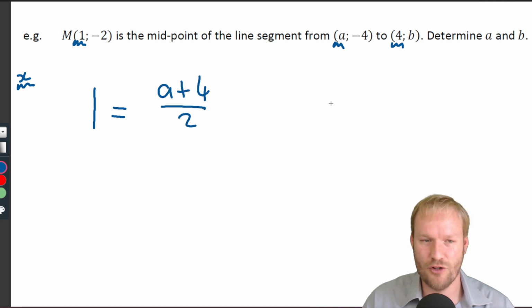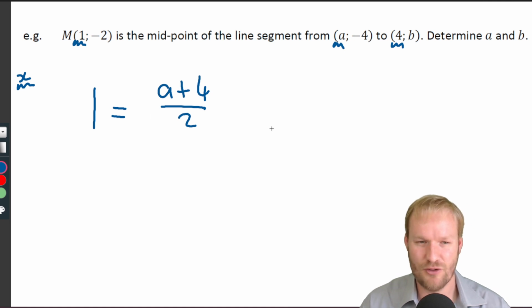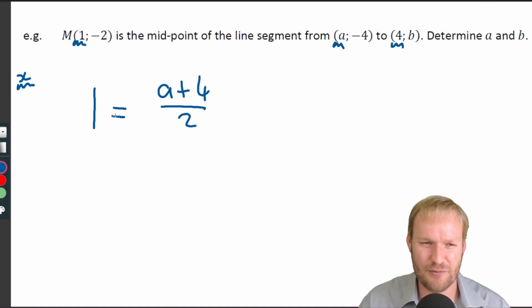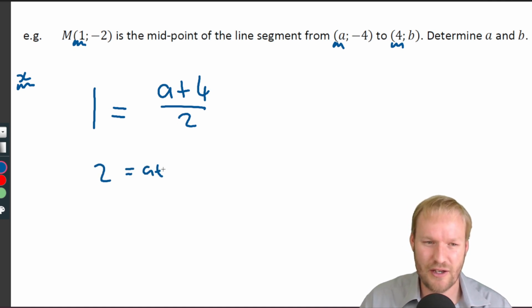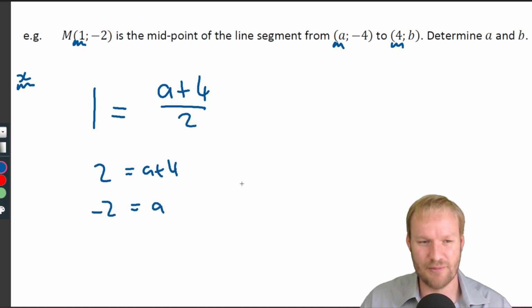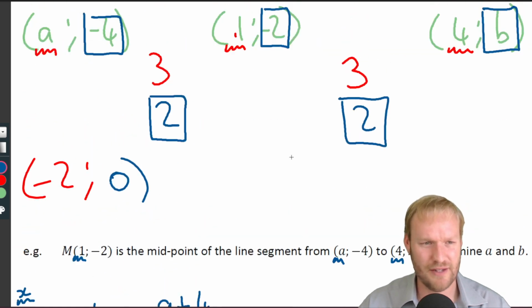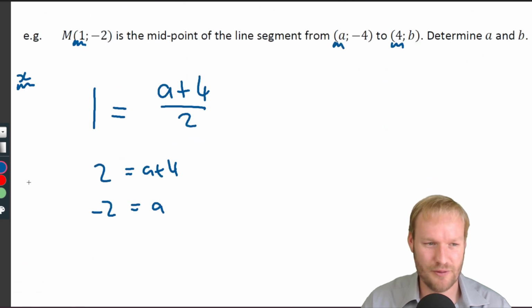So (A + 4) divided by 2 must give us 1. And now we've got a little equation that we can solve. Multiply both sides by 2: A plus 4 equals 2. Subtract 4 from each side, and A is -2. Okay, that seems to be the same as what we did before.